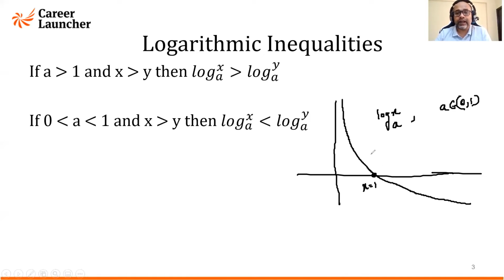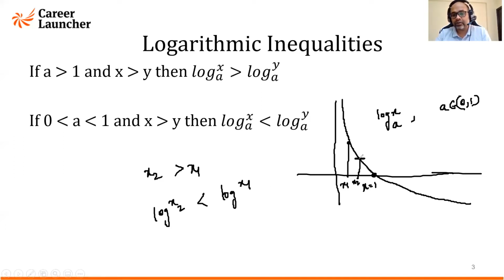Now you'll notice that when the base is between 0 and 1, if you take any 2 points, let's say this is point x1 and this is point x2, where x2 is greater than x1, then when you compare log of x2 and log of x1, the sign will be different, because at x2 my graph is at a lower level and at x1 my graph is at a higher level.